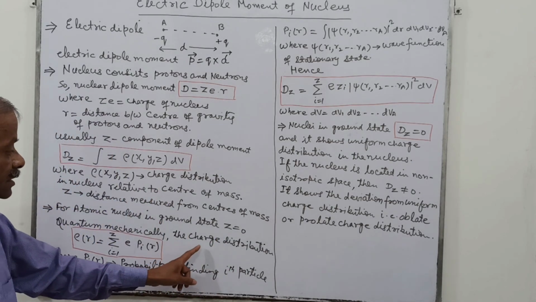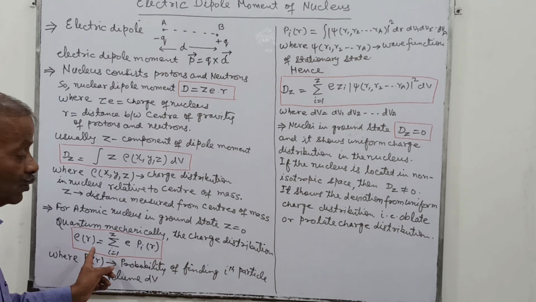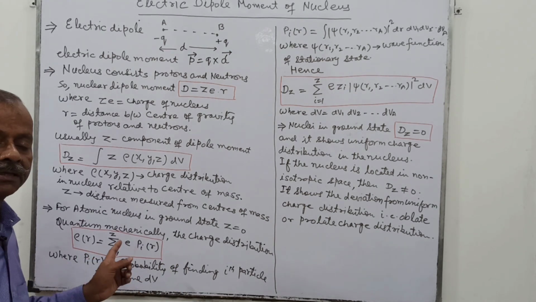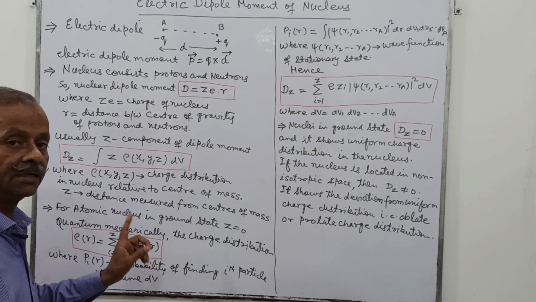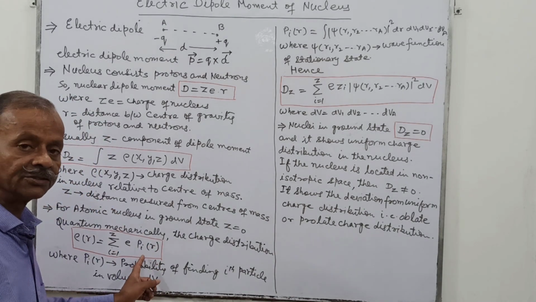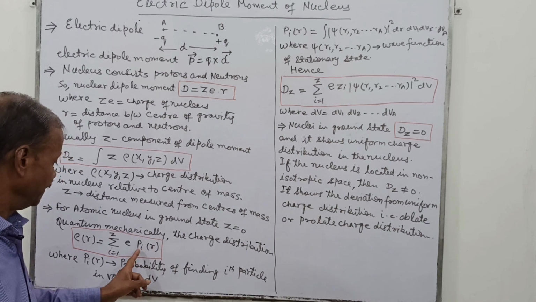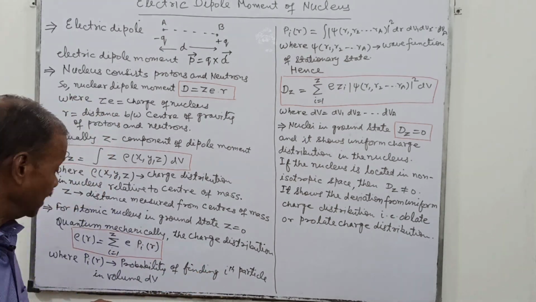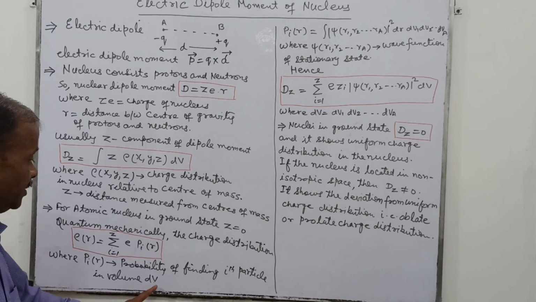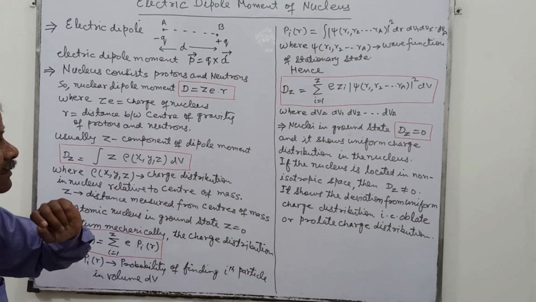Quantum mechanically, the charge distribution is given by rho(r) equals the summation from i equals 1 to Z of e times P_i(r). e is the charge of the proton, and P_i(r) is the probability of finding the particle in the element volume dV that we have written here.